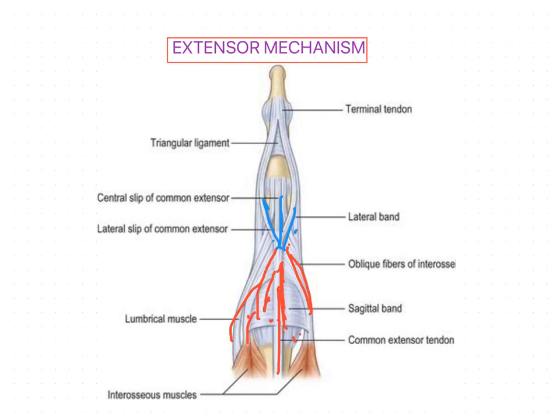The central tendon crosses the PIP, the proximal interphalangeal joint, and inserts on the base of the middle phalanx, whereas the 2 lateral bands pass on either side of the central tendon, cross the proximal joint, and again reunite to insert into a single terminal tendon on the distal phalanx.